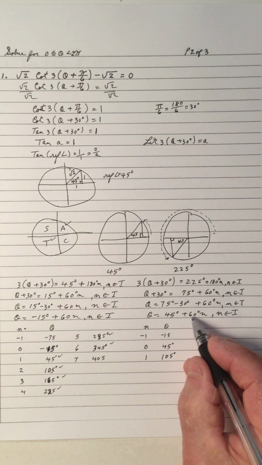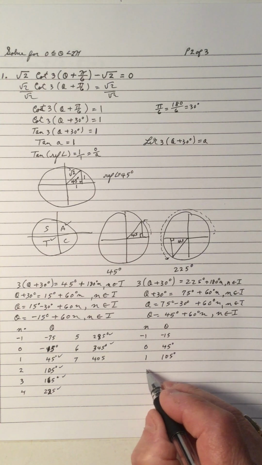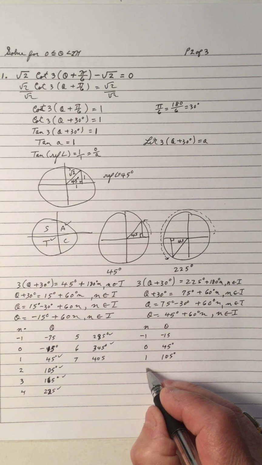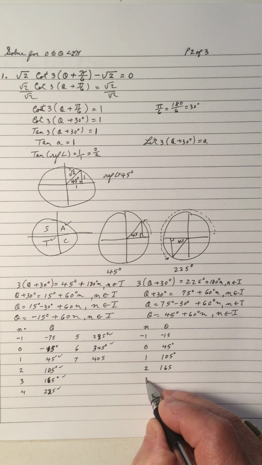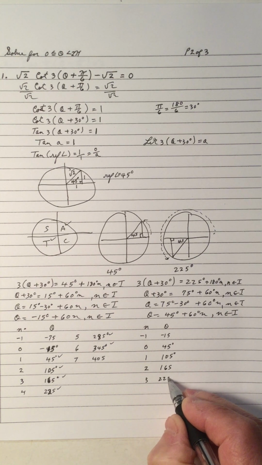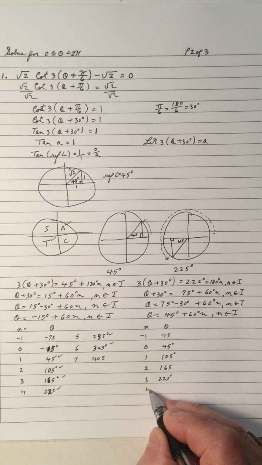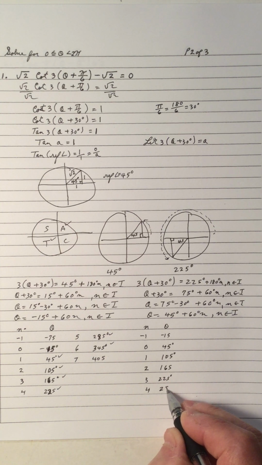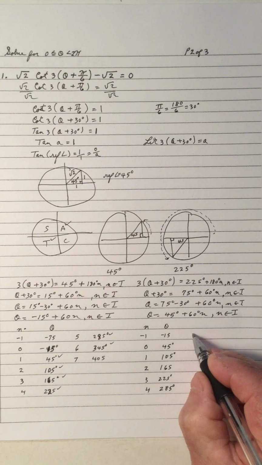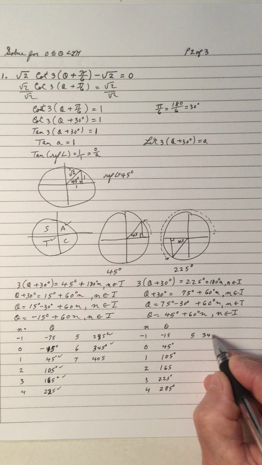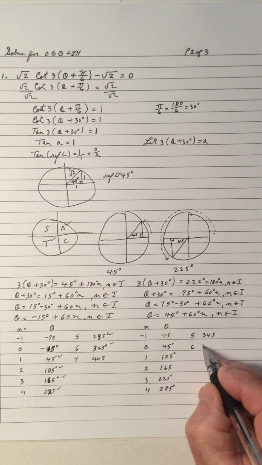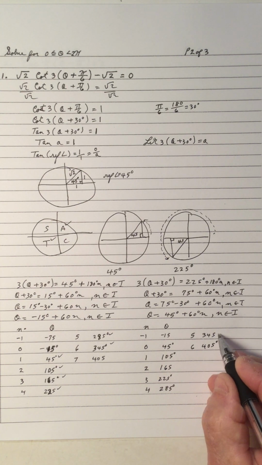I could put the value of n in and work it out, but you can see you're going to add on 60 each time. So 2 will give me 165. 3 will give me 225. 4 will give me 285. And 5 will give me 345. 6 will give me 405. Now these are all degrees.